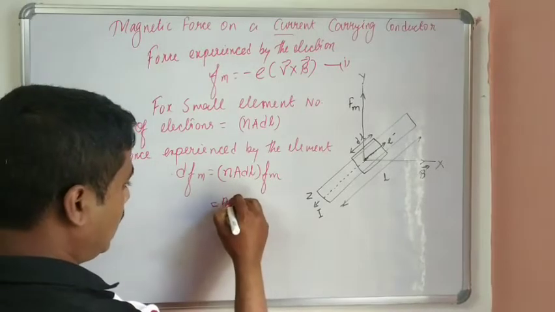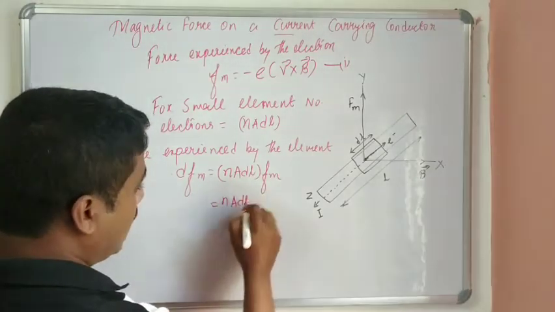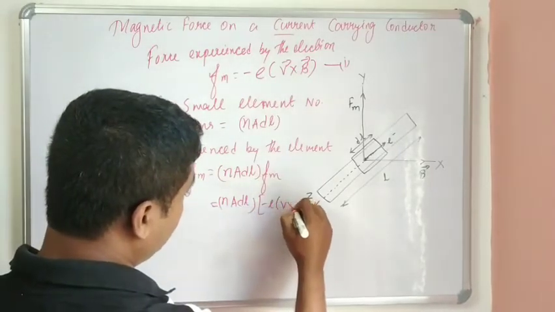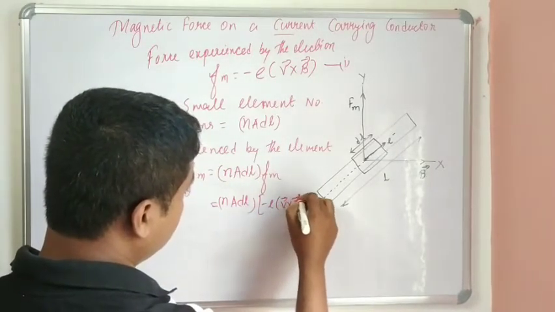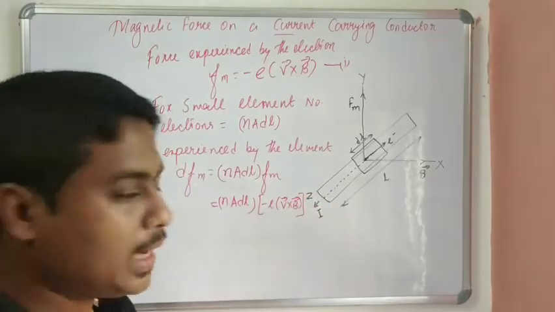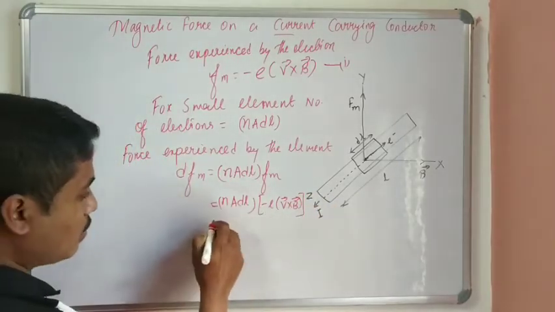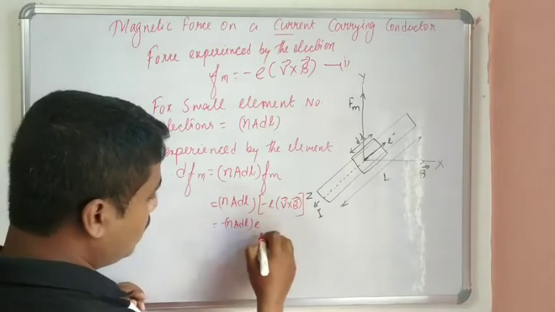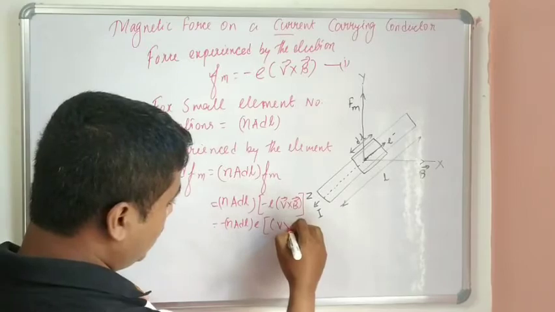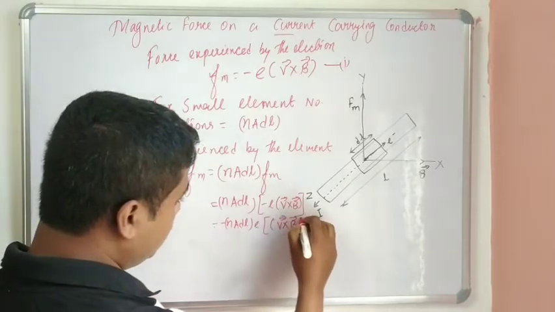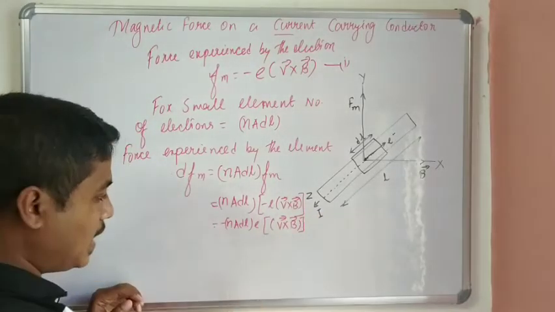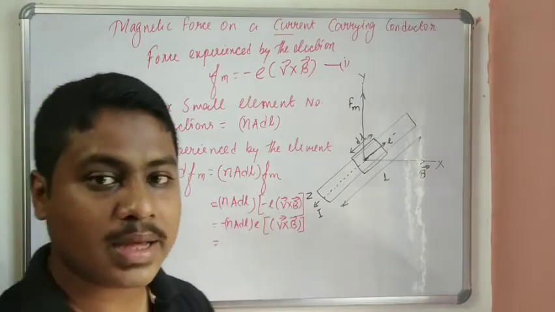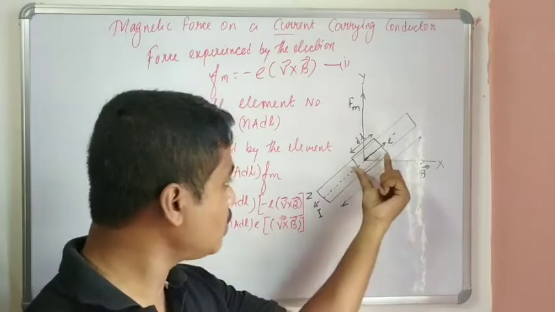Then, n A dl into Fm, where Fm is equal to minus e V cross B, from equation number 1. Then if I take e outside, this will be n A dl into e, and in brackets V cross B. Now n A dl e represents the charge present in this small element.